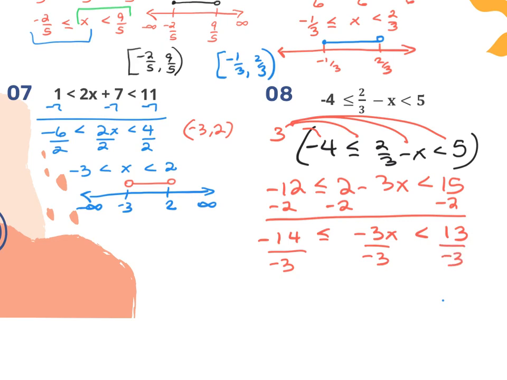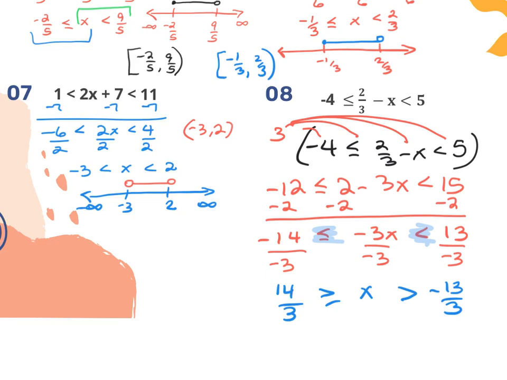Remember, when you divide by a negative, these symbols are going to reverse. So negative 14 divided by negative 3 becomes positive 14 over 3. Reverse the symbol, and now it's negative 13 over 3.